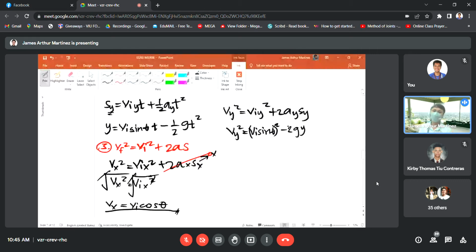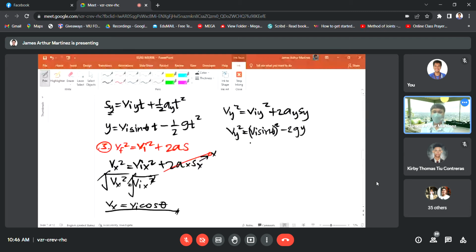So we just let it be y so that the representation in our equations is uniform. To avoid confusion, the representation should be uniform all throughout our equations.